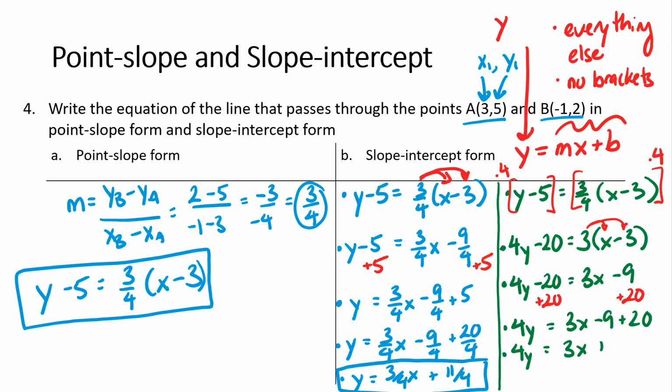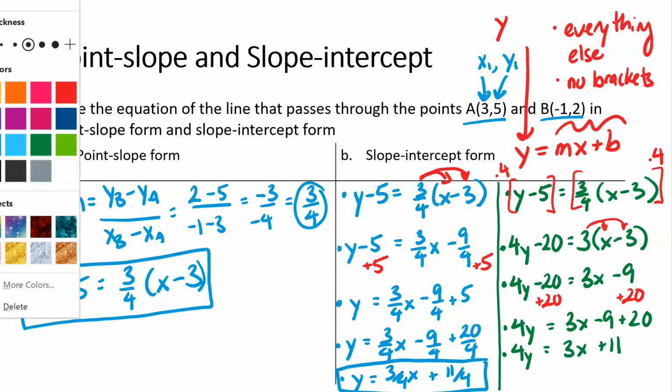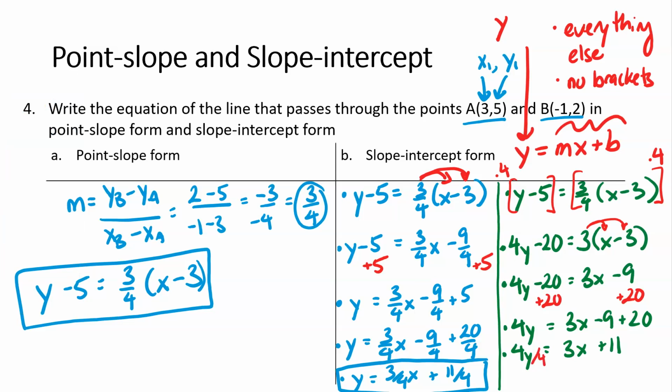That's 3x plus 11. And finally, for the last step to isolate y, you're going to want to divide both sides by 4 to get y by itself. As a final result, you have y equals 3 over 4 x plus 11 over 4.